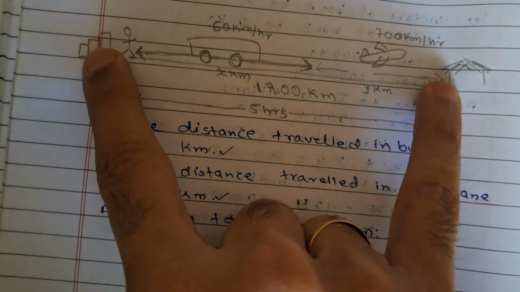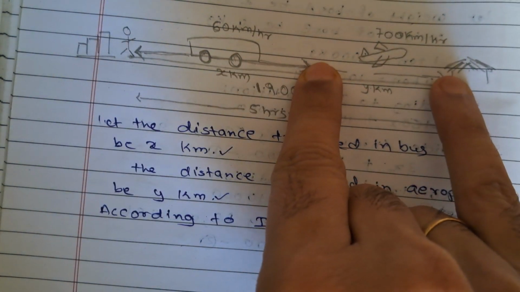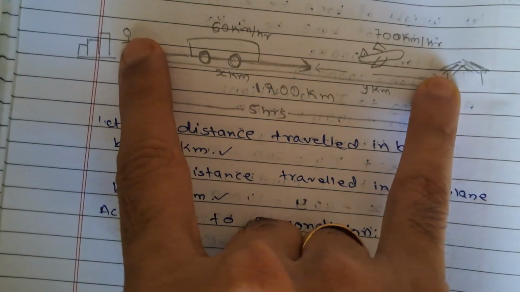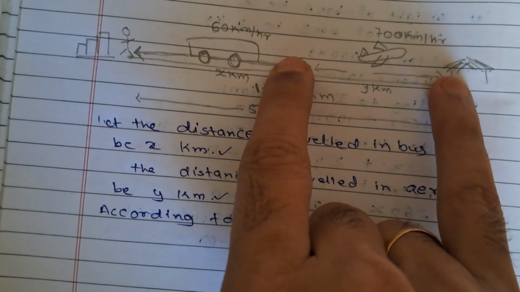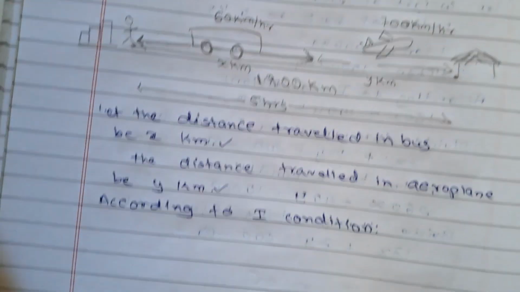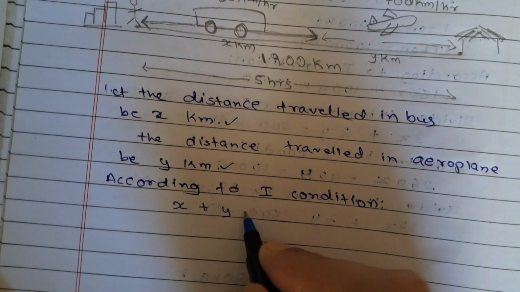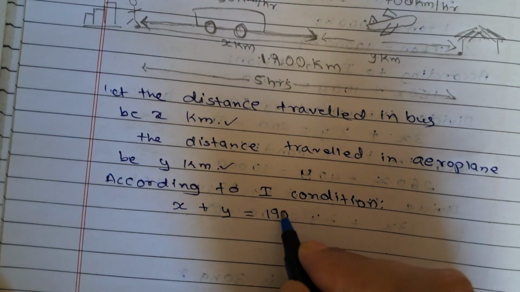In this complete distance, he is covering x kilometers by bus and y kilometers by aeroplane. So don't you think if I add both of them, x plus y should give me the complete distance, that is 1900? Correct? So according to the first condition, x and y when added together will give me 1900.